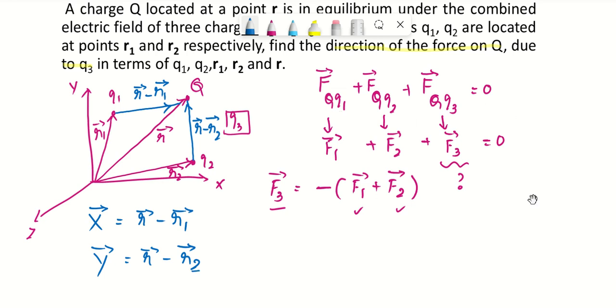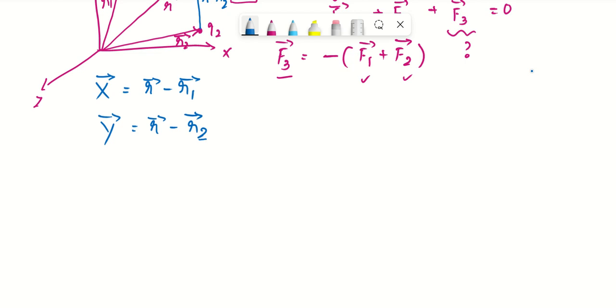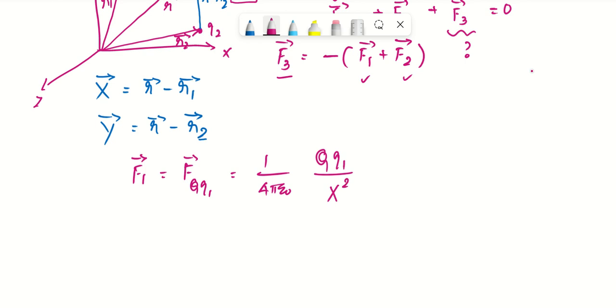Now let's write F1 according to Coulomb's law. F1 vector, which is the force on charge Q due to Q1, is equal to 1 by 4 pi epsilon naught, Q1 divided by X squared, X cap.